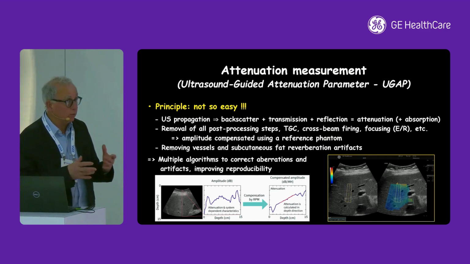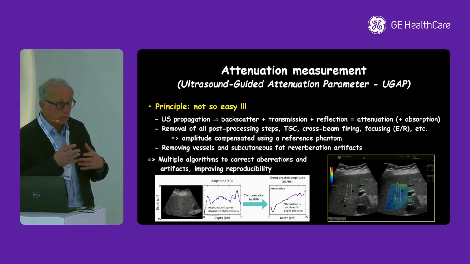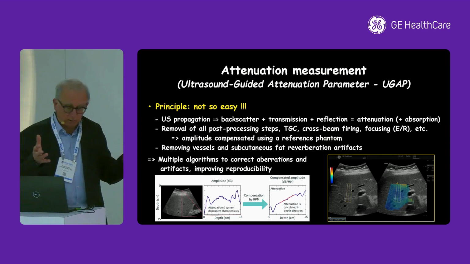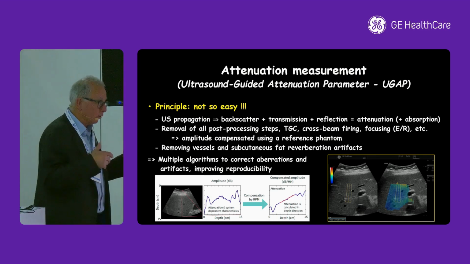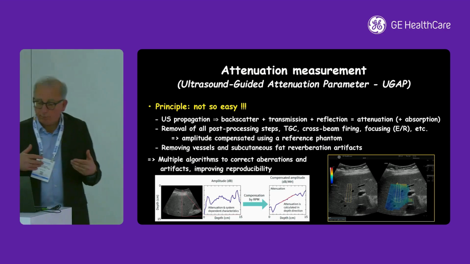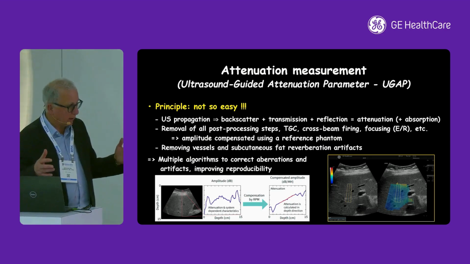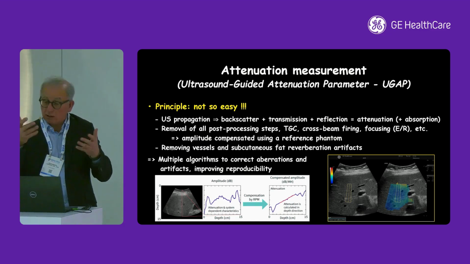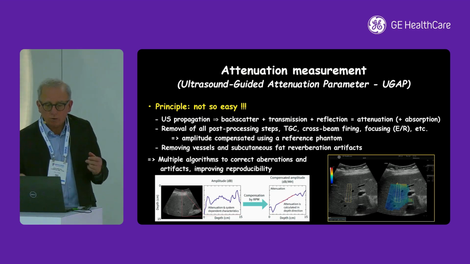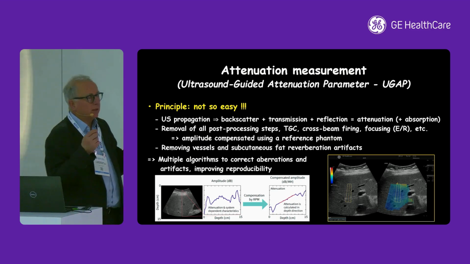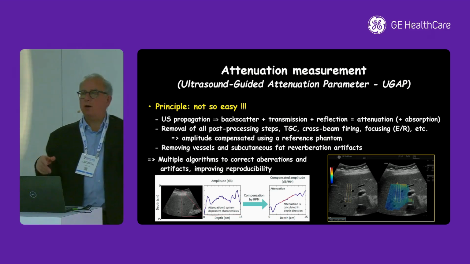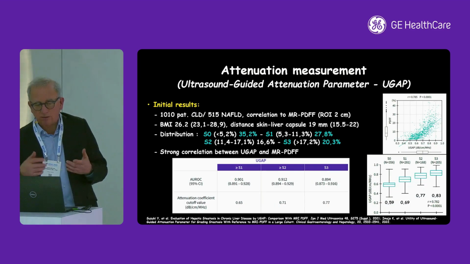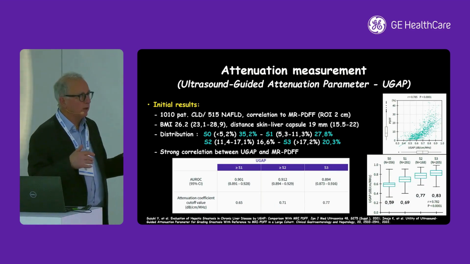So to be able to do that kind of measurement, all companies had to remove most of the post-processing and also compensate for many of the artifacts that are present in the image and that you cannot see. It's not like you push a button and of course you're getting your UGAP. No, in fact, it needs a really strong evaluation.